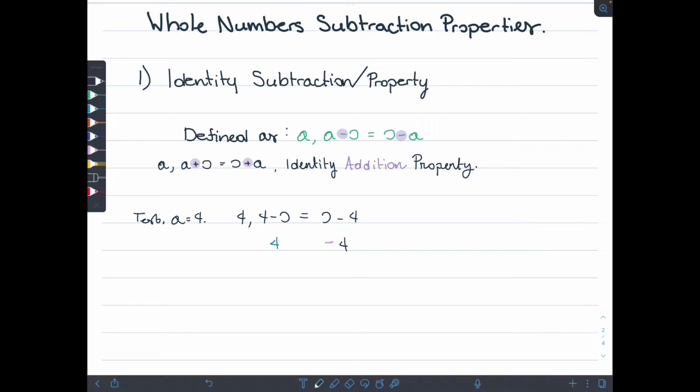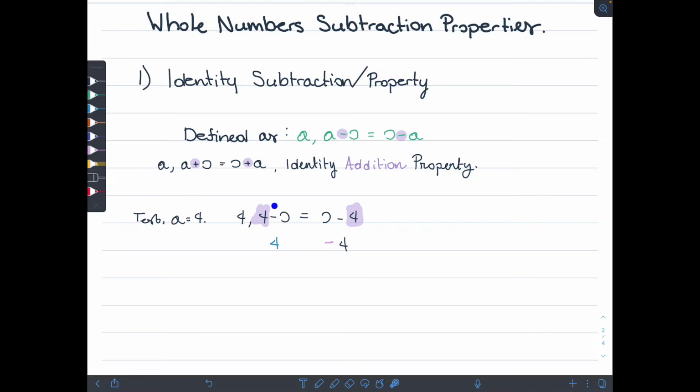Why is it a negative 4 and not a positive 4? Well, you see, here there is a whole number more than 0 behind the subtraction, whereas this one has a whole number more than 0 in front of the subtraction. So 4 minus 0, well, that's just 4, right?